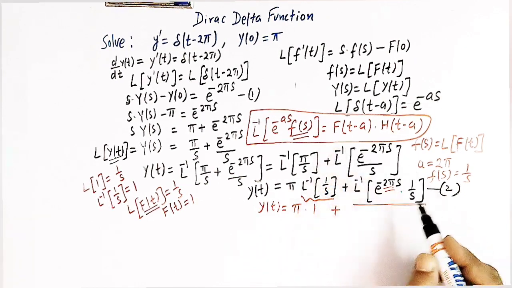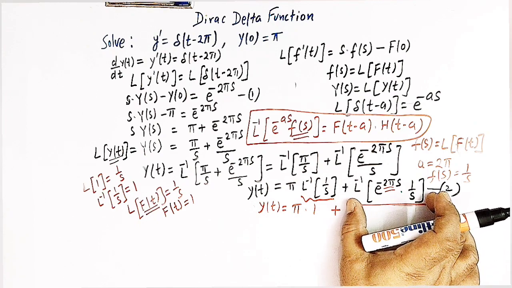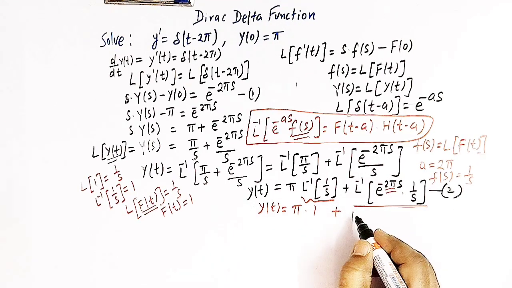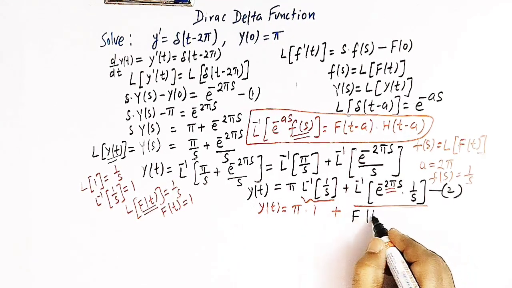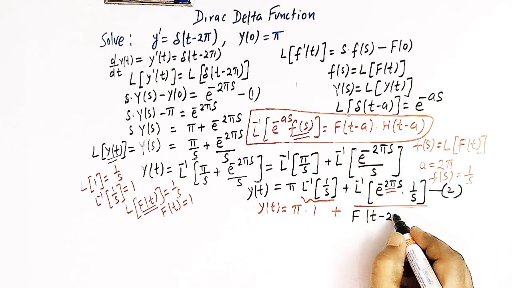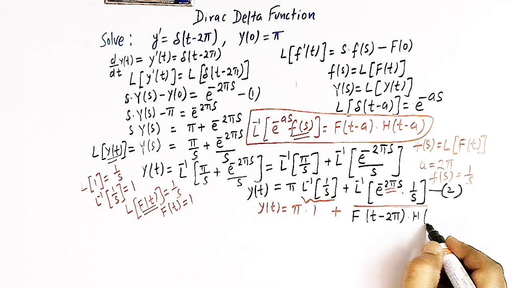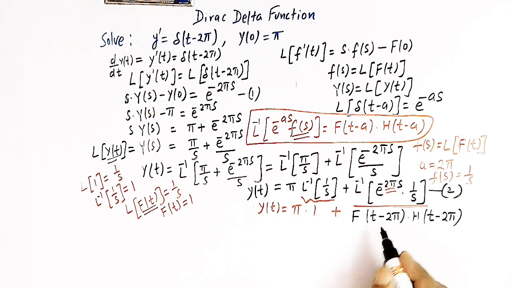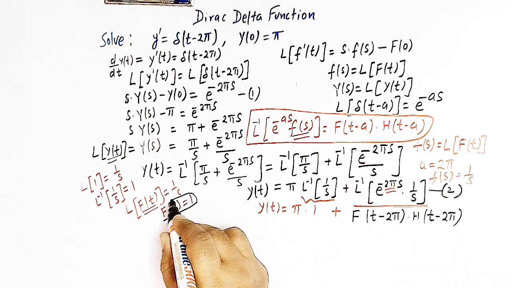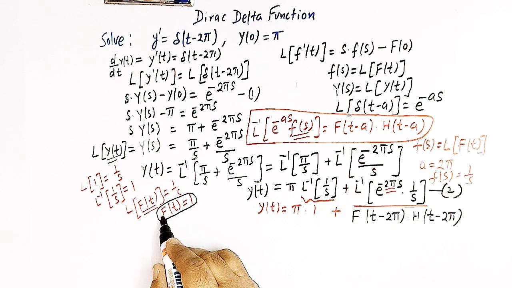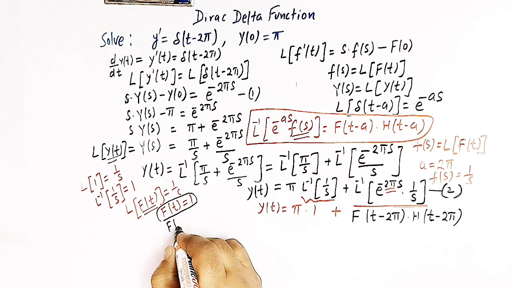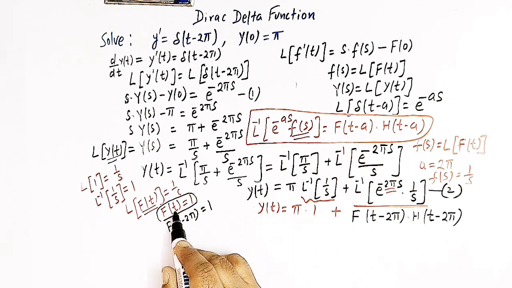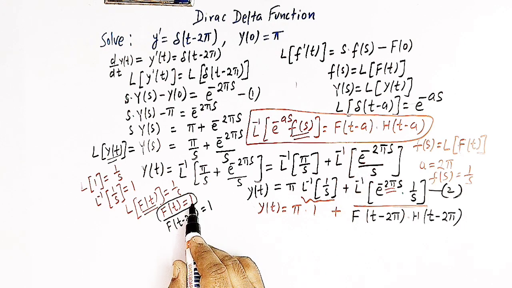So now using this result, we can write the value of this inverse Laplace transform as f of t minus a, where a is 2 pi, and here we have h of t minus 2 pi, right? Now f of t minus 2 pi can be obtained from this function. So here we have f of t is equal to 1. So f of t minus 2 pi is equal to 1, because here f of t is independent of t, right?